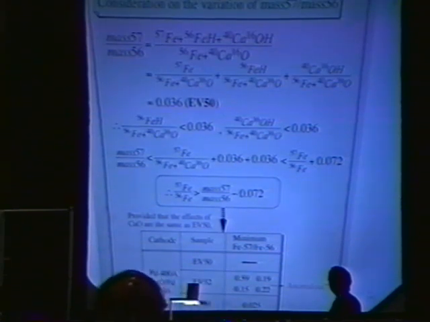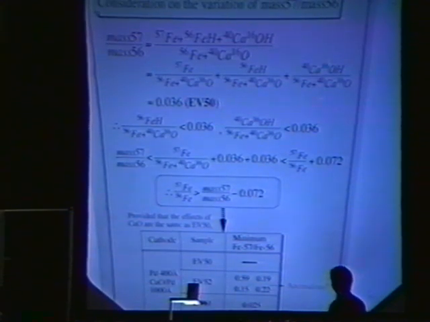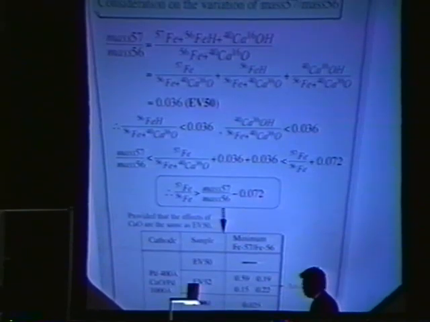And these are the values of secondary ion intensity, so they are positive. Every term is positive. And if we substitute the value of EV50, which belongs to multi-layer cathode, we can get this relation.